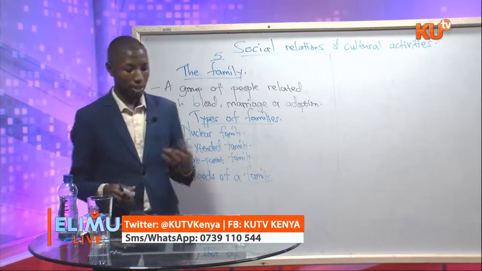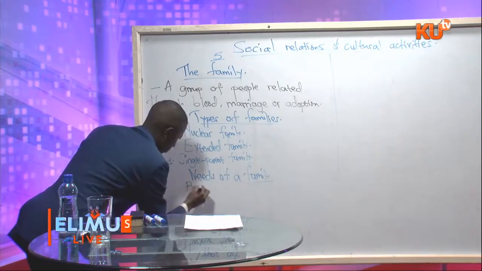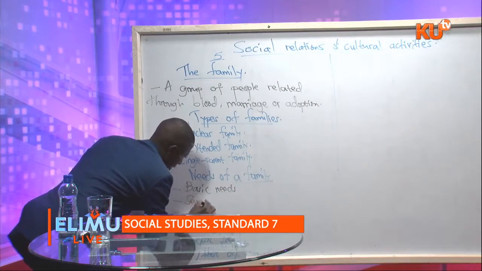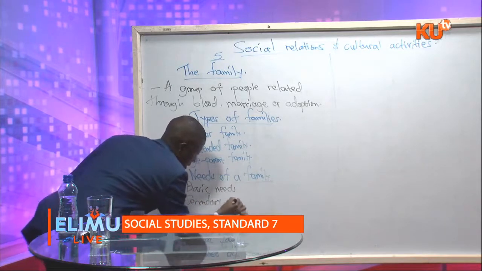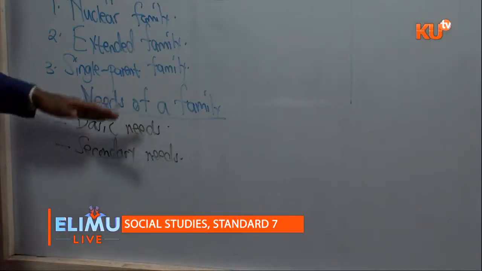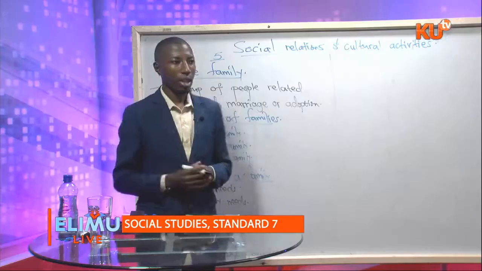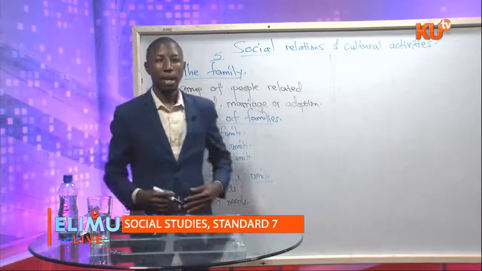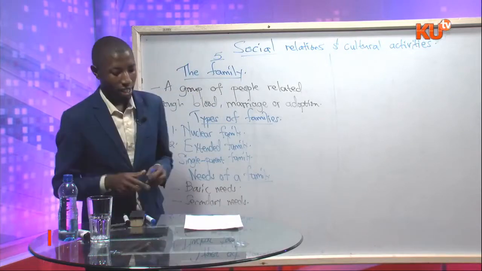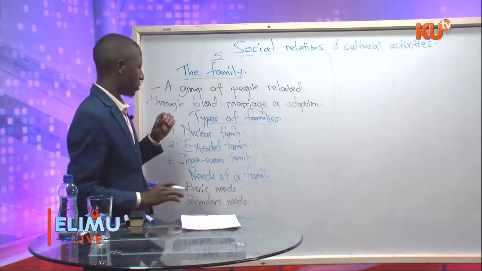So you will write basic needs, and we also have secondary needs. So, what are basic needs? Basic needs are those needs that we need for survival. We need them to survive. And secondary needs, we need them after we have first satisfied basic needs. Secondary needs are very many, but the basic needs are four.